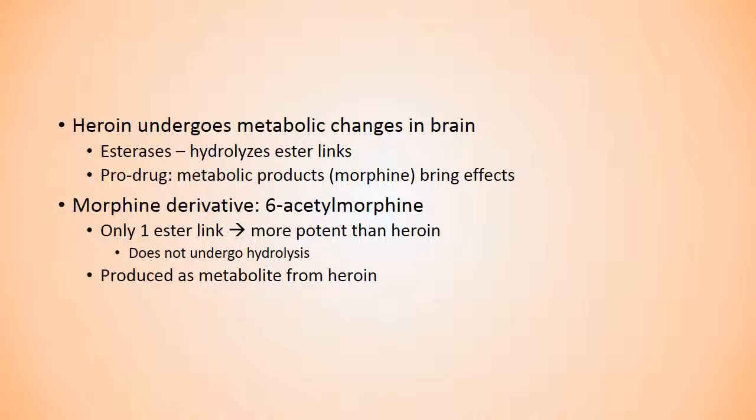So it will have an extremely potent effect. And this is produced as a metabolite of heroin. So heroin not only is going to be broken down into morphine, but it can be broken down into this 6-acetylmorphine, which is a very similar structure. And all these different derivatives essentially are what bring on the strength of heroin itself.